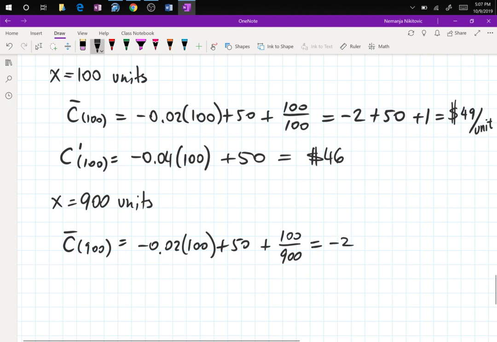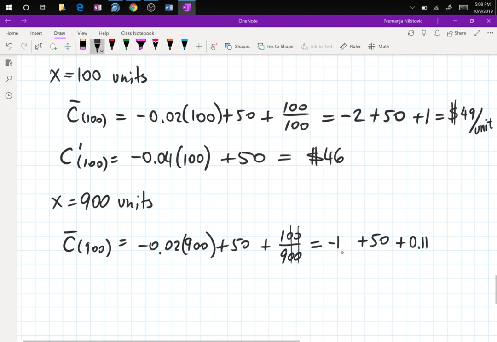And that's going to be negative 2 plus 50 plus, and when you cancel these zeros, 1 divided by 9 is 0.11 and so on. Oh, hold on. No, this is 900. So that's negative 18.